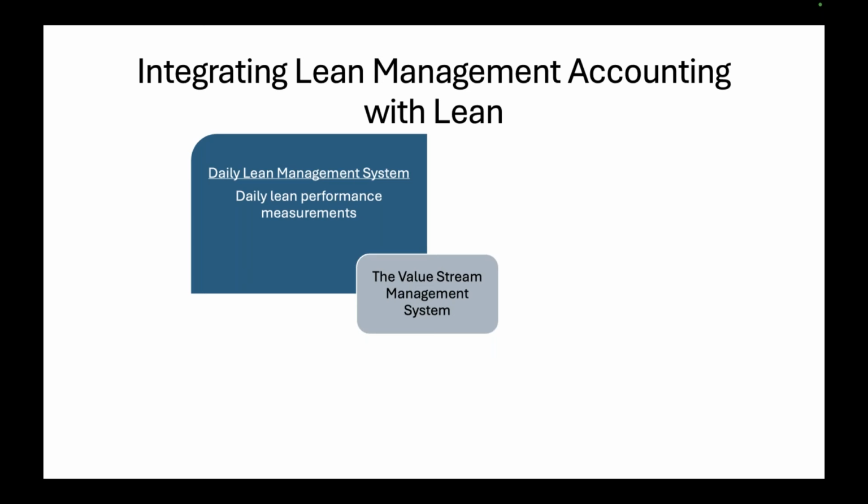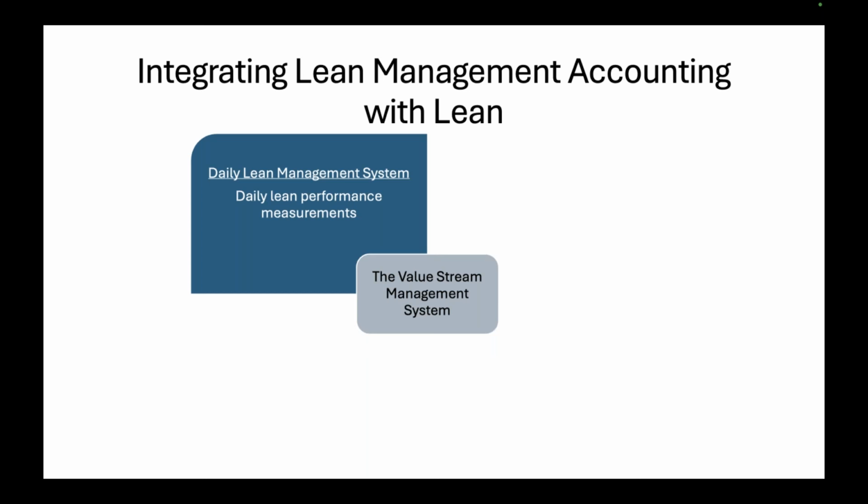They don't need to be experts in daily lean management, but they need to understand the purpose of these measures, how they're used, and what benefit accounting can derive from understanding these measurements and what happens in daily lean management.